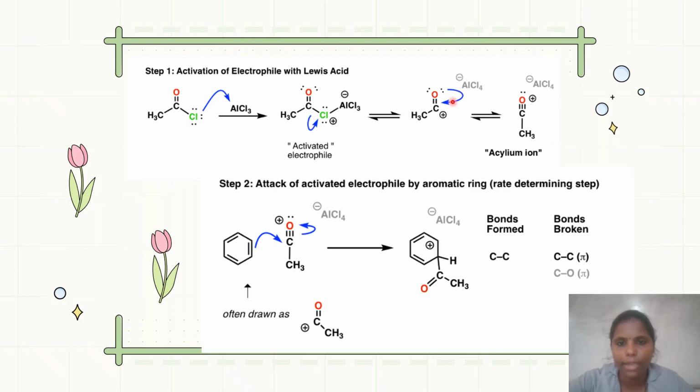This electrophile comes and attacks the benzene moiety. What will happen? This benzene moiety gets attached, and it leads to the formation of an intermediate. To this intermediate, again AlCl4- reacts. The hydrogen from this benzene reacts with the AlCl4- and it leads to the formation of a substituted aromatic product.